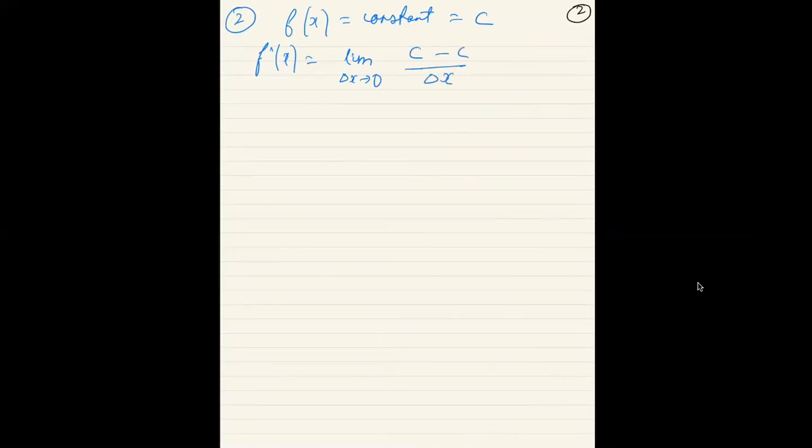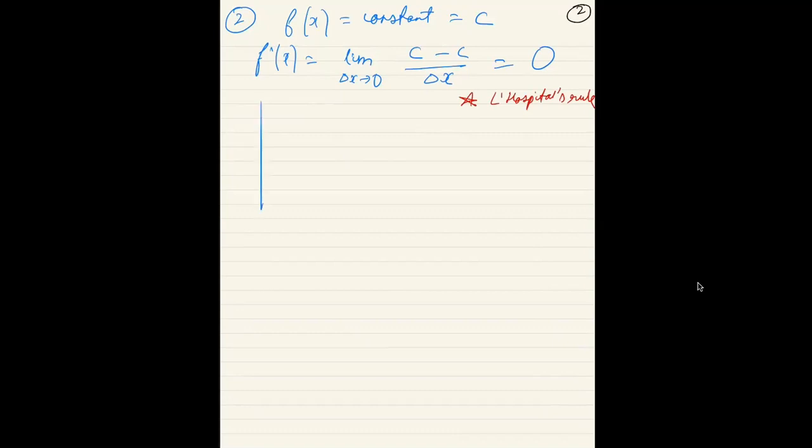The numerator here is identically 0, so this thing is 0. However, I must point out that we will revisit examples like this later in the context of what is called L'Hopital's rule. But for now, the numerator is 0, so this is always 0 for any finite delta x. So the derivative of a constant function is 0, and you can see why this makes intuitive sense.